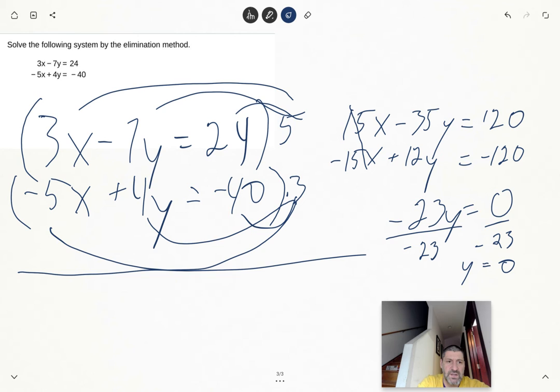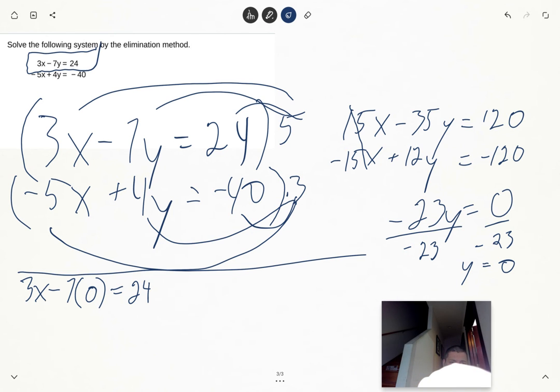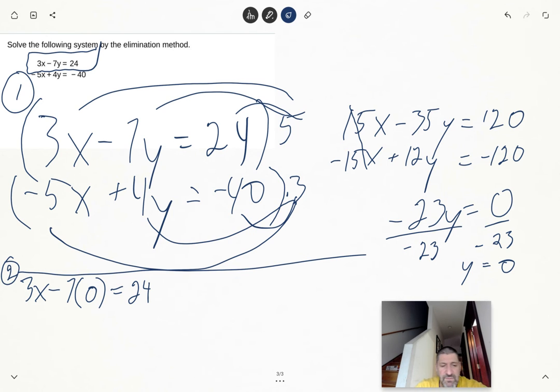If I have 3x minus 7y, I'm using my first equation up there, I'll plug in a 0 for y. That's equal to 24. So the first step we did was to find the first variable. Now the second step is going to be to find the second variable. 7 times 0 is 0, so I'm just going to do the 3x.